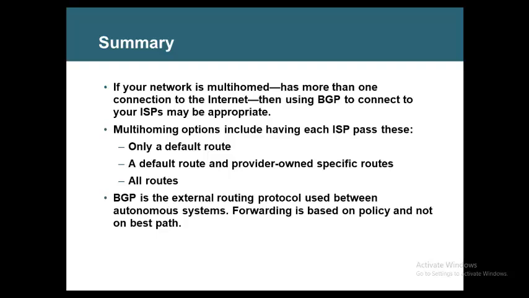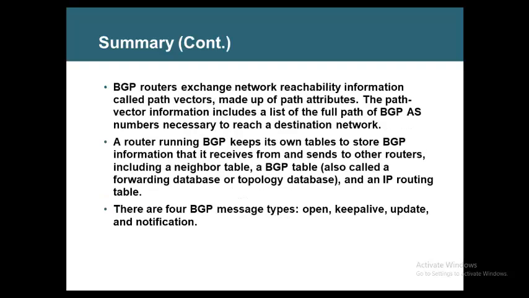BGP routers exchange reachability information called path vector. I showed you, it will show you the autonomous system path, the autonomous systems via which the destination can be reached. It shows the complete path from the next hop autonomous system to the last autonomous system where the destination is. We also learned that there are three tables.